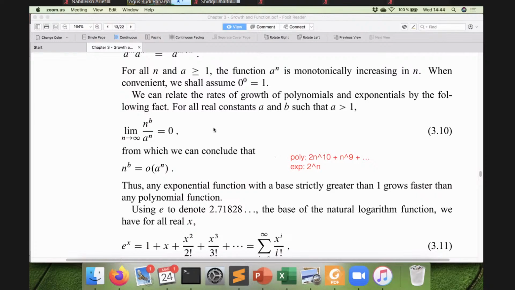Some people or some articles wrote that it would grow in an exponential way, that it's very fast.